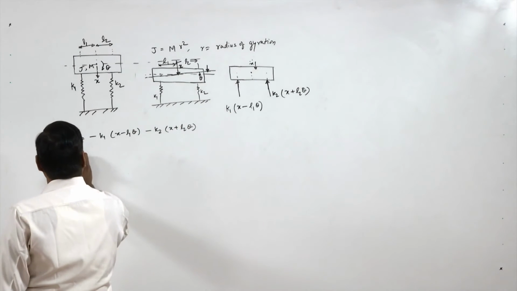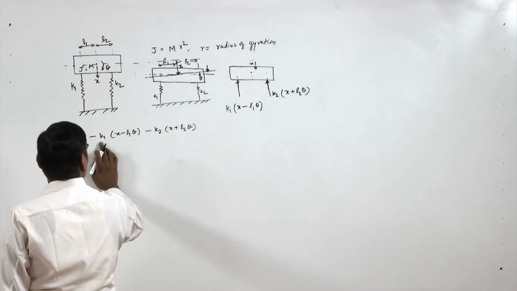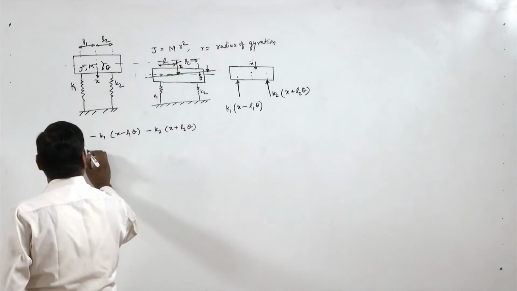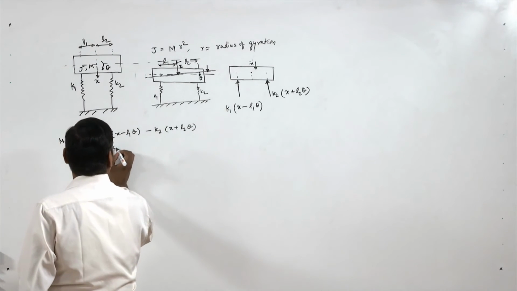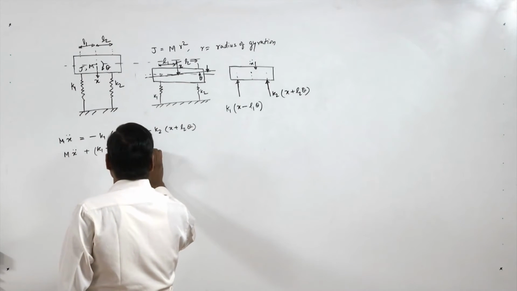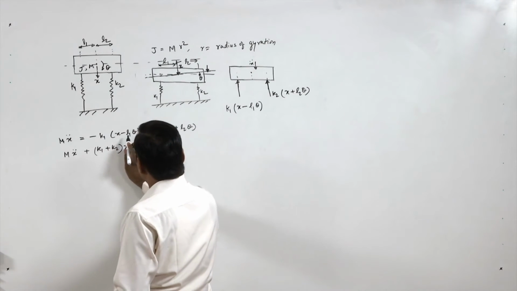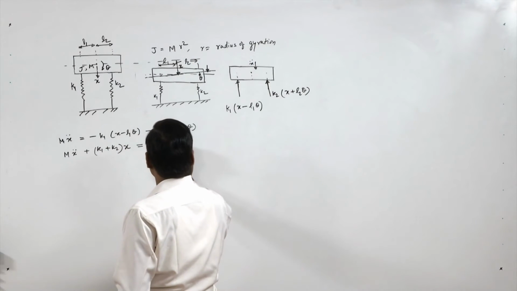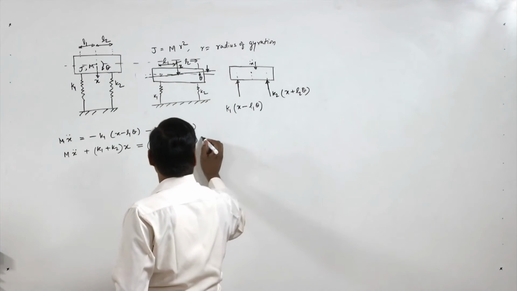We can simplify and write m x double dot, so this is k1 x and here is k2 x, so we can take them to the other side, so it is plus (k1 plus k2) x, and the theta term, if we keep it here, is (k1 L1 minus k2 L2) theta.